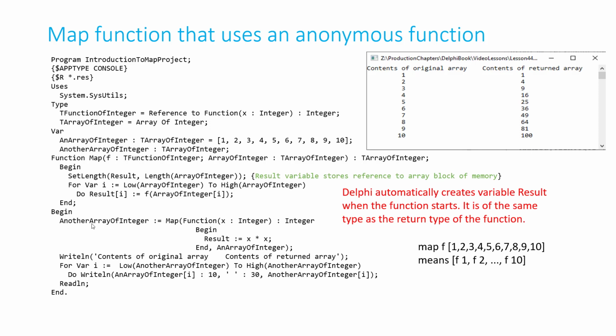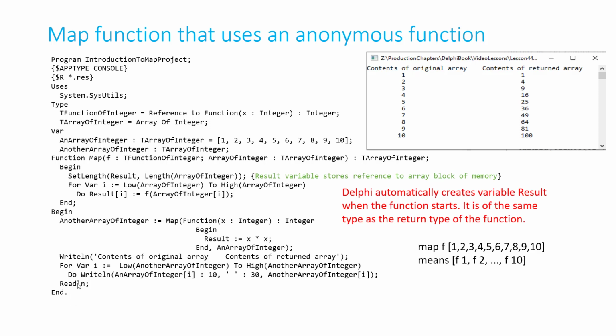It will be just the address of the block of memory where the square values are stored, because another array of integer is a reference variable. So we can now write out the contents of the original array line by line alongside the contents of the returned array.